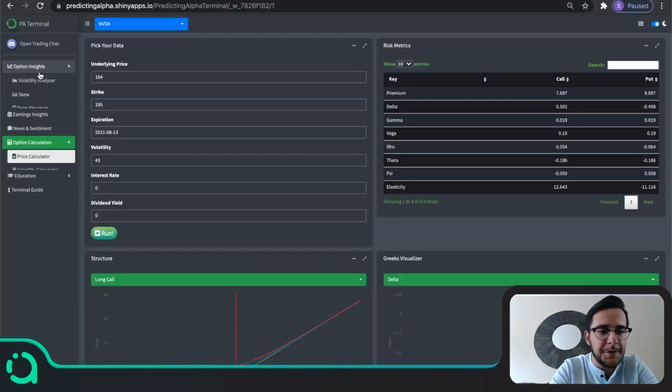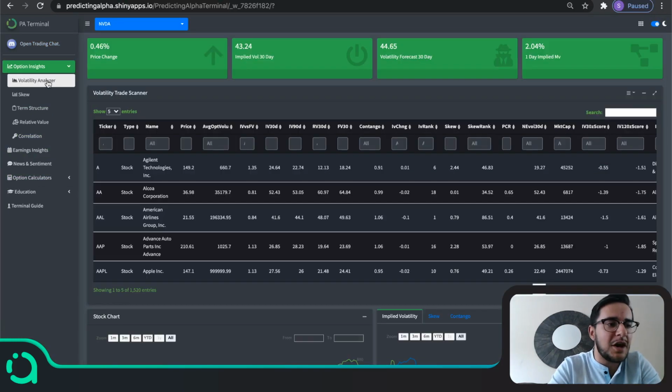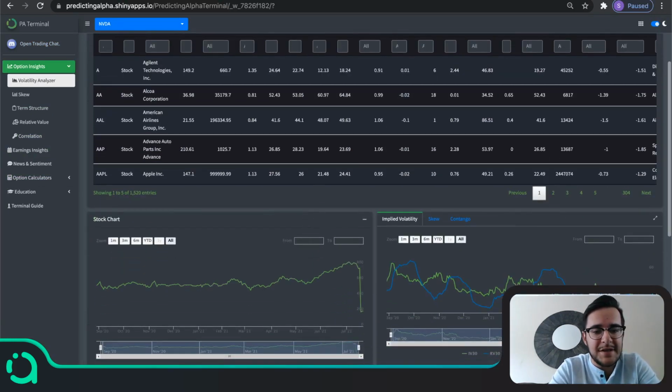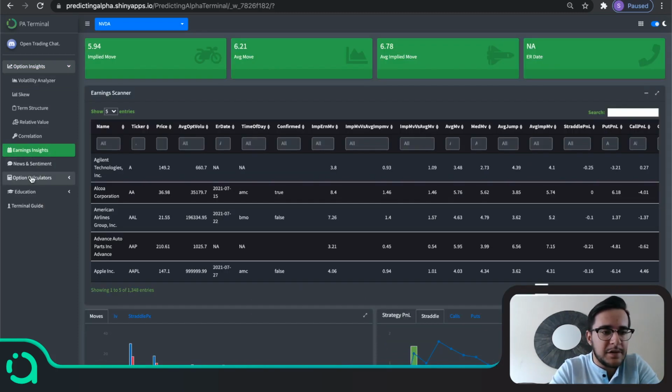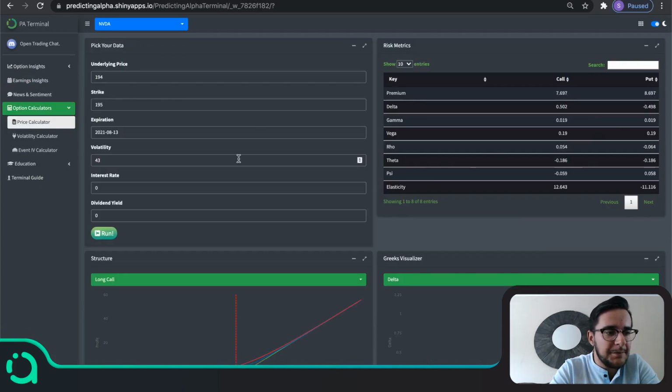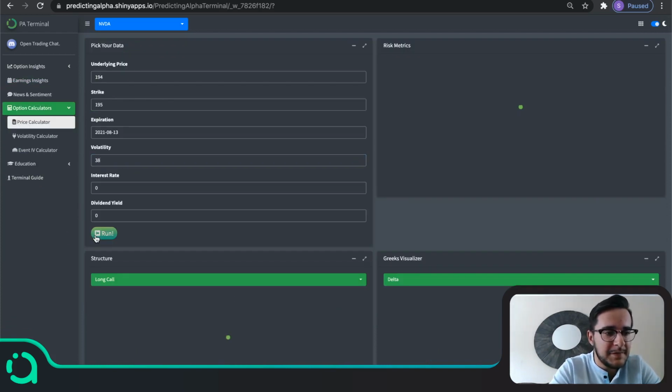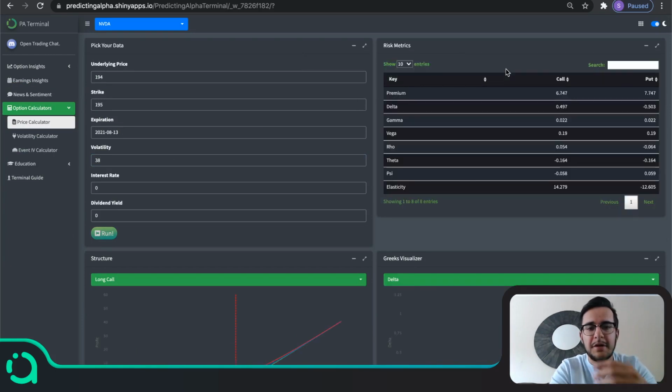So let's come in here and put in what we think the stock will actually realize in terms of volatility, right? Maybe about 38%. So let's come back to our calculator here and change that volatility number to 38%. We get a new number here. Our new straddle price is $14.20.